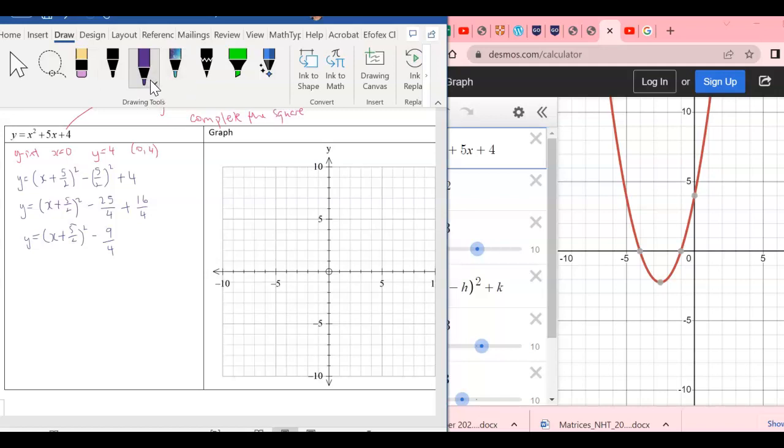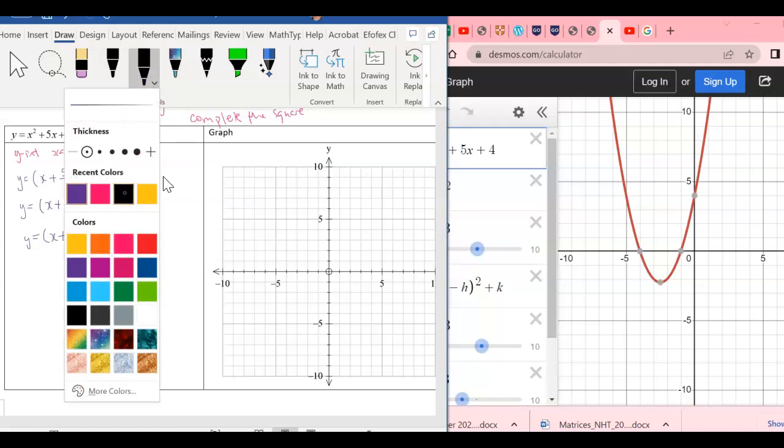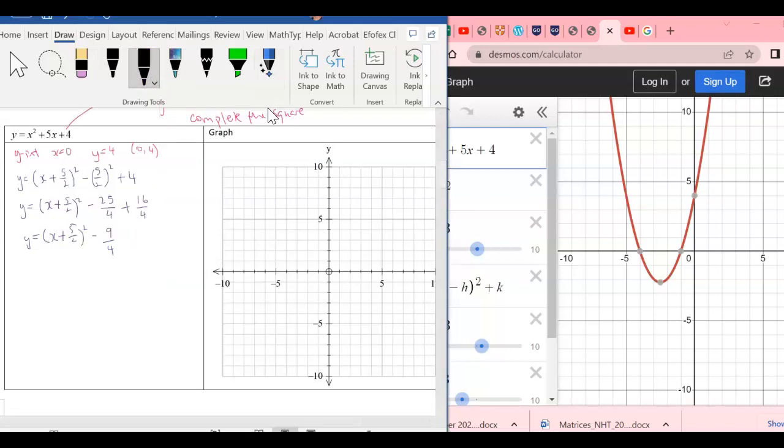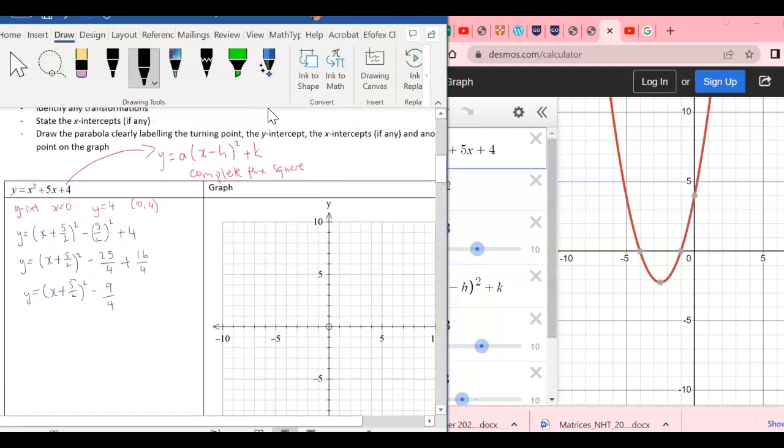So we can see the values of h and k and a. A is just 1, but I think I said before a is going to be either 1 or negative 1 for these questions. Now, this is where it gets tricky. Remember, we have this minus sign in here.